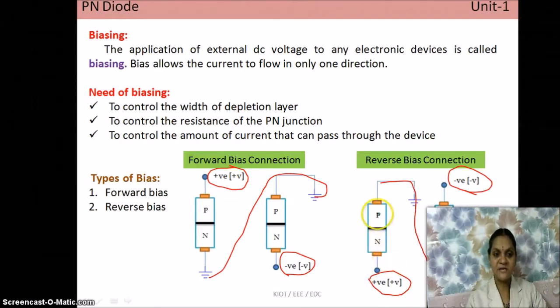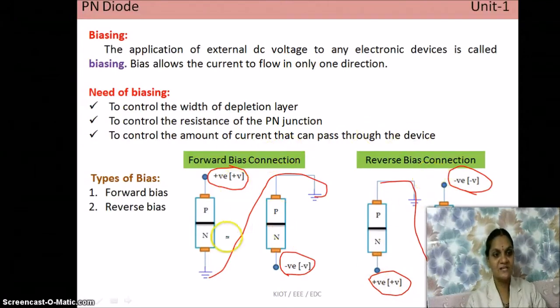The P type majority carriers, holes, having positive charge, are connected to the negative terminal, and the N type semiconductor majority carriers, electrons, having a negative charge, are connected to the positive terminal. We are doing it in a reverse way. So this type of connection we call a reverse bias connection.